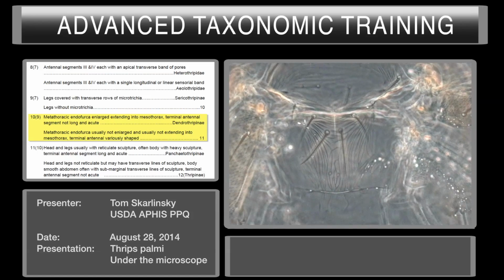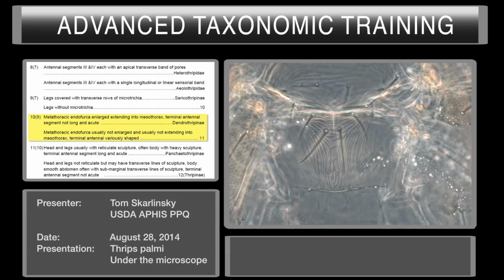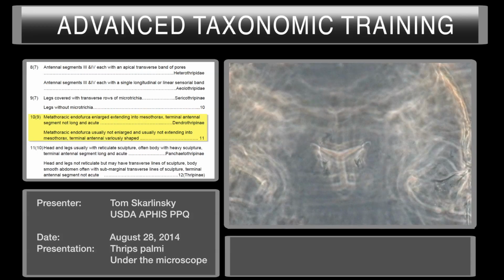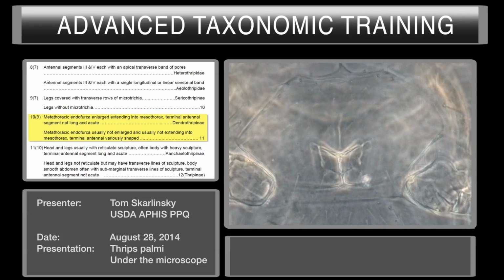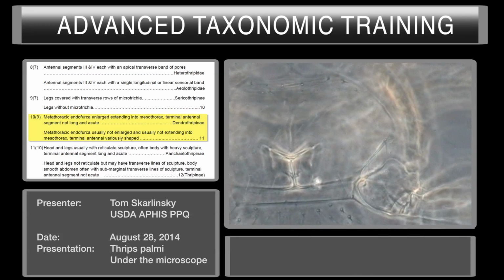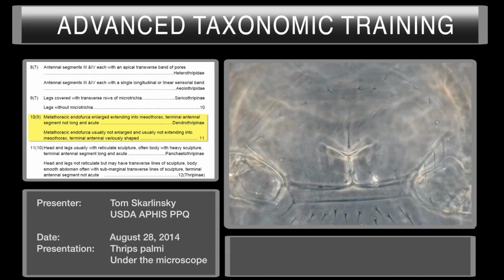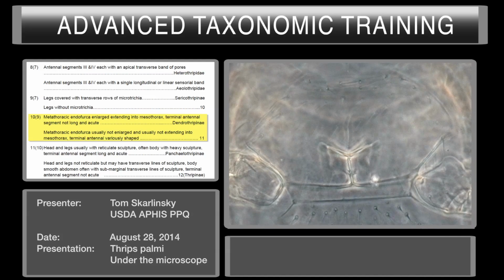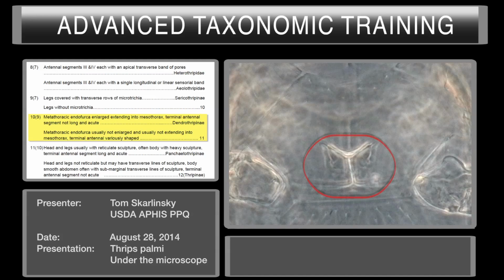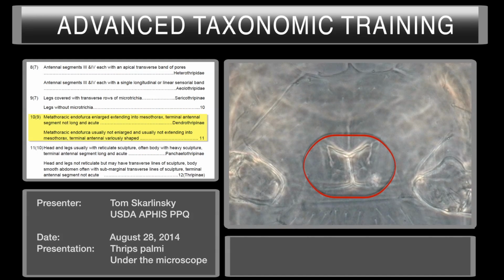And as we go posterior, we have the metanotum here. And this structure, the endofurca, is seen on the ventral side. It's this area right here.